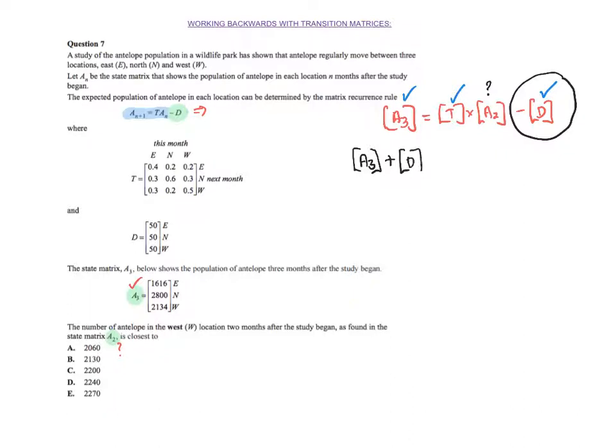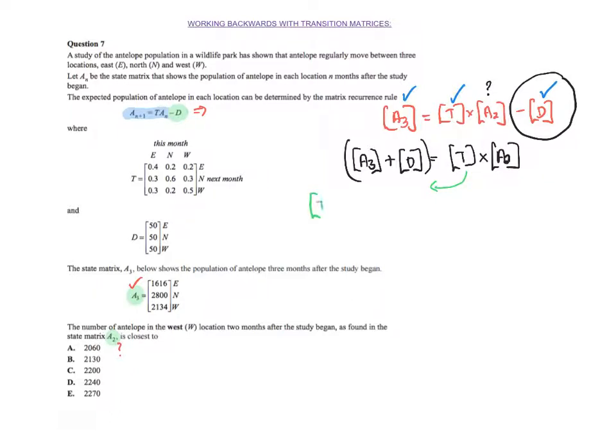So you do that, and then it equals the transition times A2. So you would do this first. Now, if you move this T over the equal sign, it's timesing. What will it do on the other side? Divide, but we can't divide in matrices. What do we have to do? Times by the inverse, yeah? Is that what you said? Yeah, you know you did.